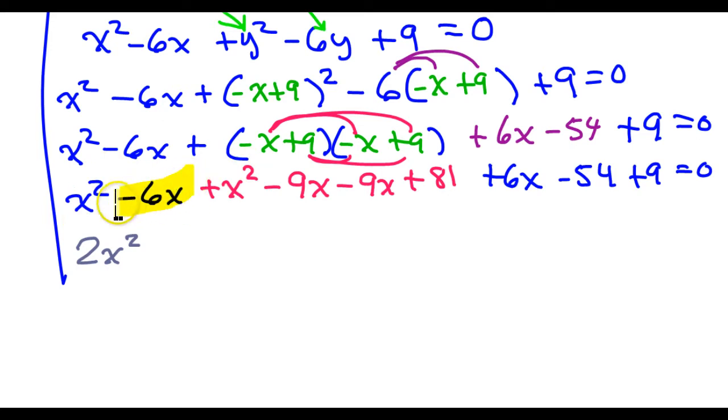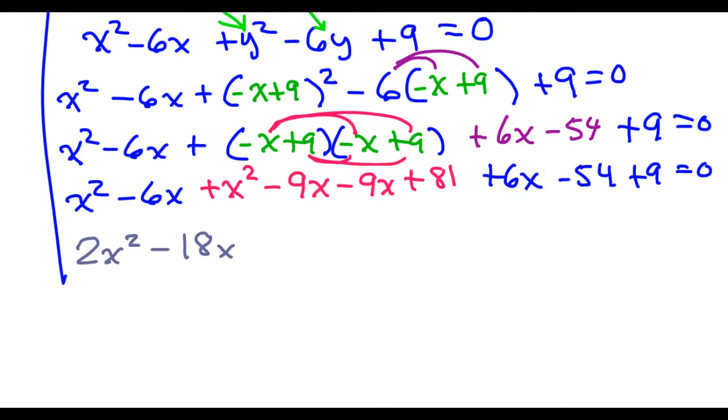I have negative 6x and negative 9x and negative 9x and positive 6x. Well, look, the negative 6x and the positive 6x just cancel each other out. So all I really have is the two negative 9x's. Together they make negative 18x. So that's my x terms.